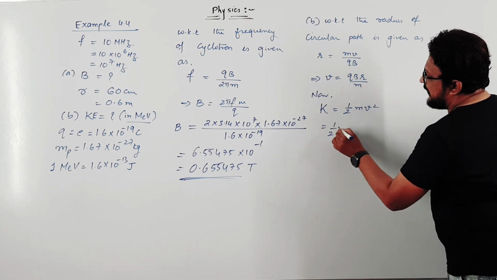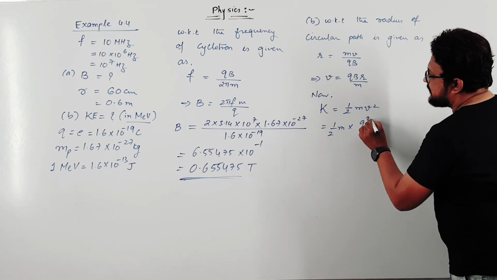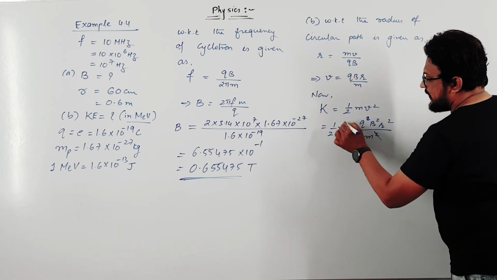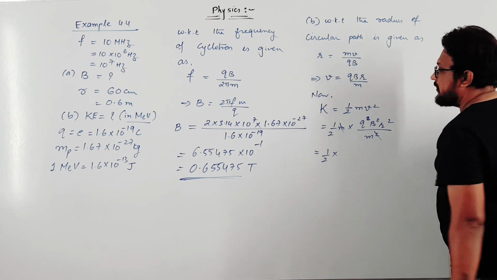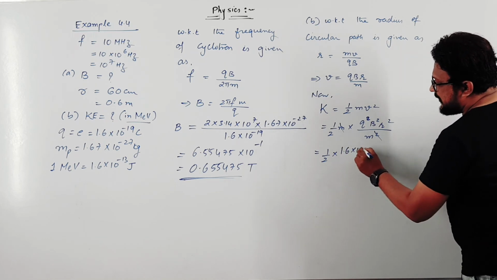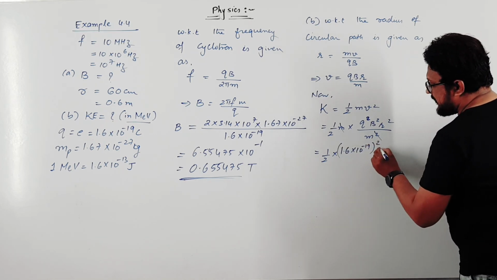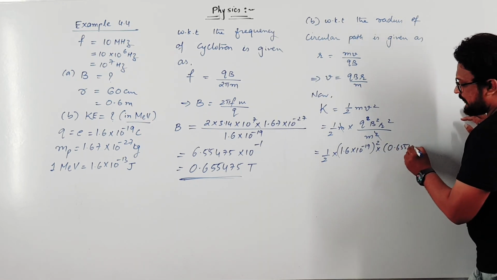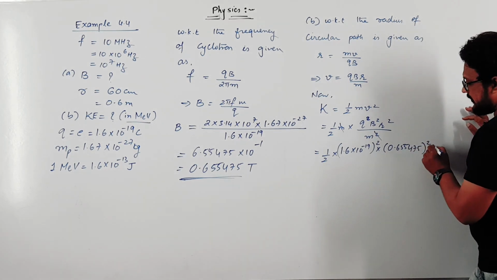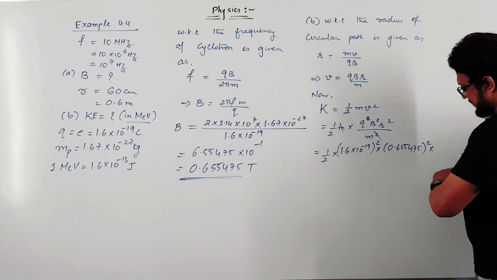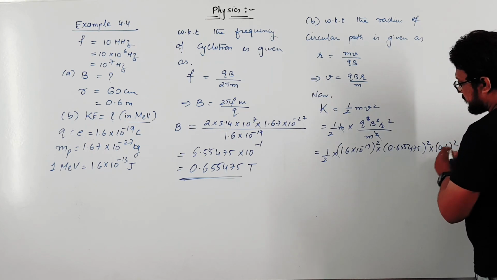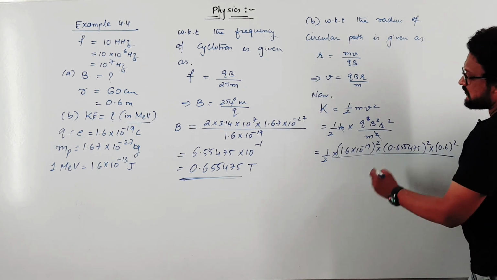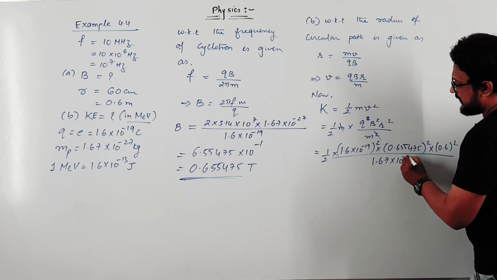Now kinetic energy is half mv², so that is half m into v², which is q²B²r² over m². So one m will get cancelled out. That is half into (1.6 × 10^-19) squared into B, 0.655475, whole squared, into radius, which is given as 0.6 meter, so 0.6 squared, over mass of proton 1.67 × 10^-27.